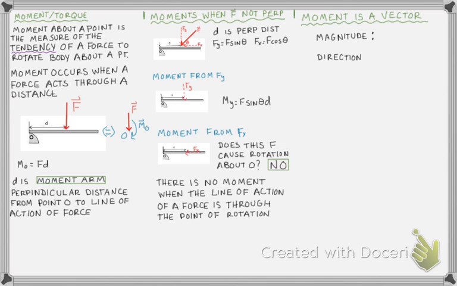So the magnitude we've already seen, and the magnitude of the moment is equal to the force times the distance. But what about the direction? So the direction is determined using the right-hand rule for moments.